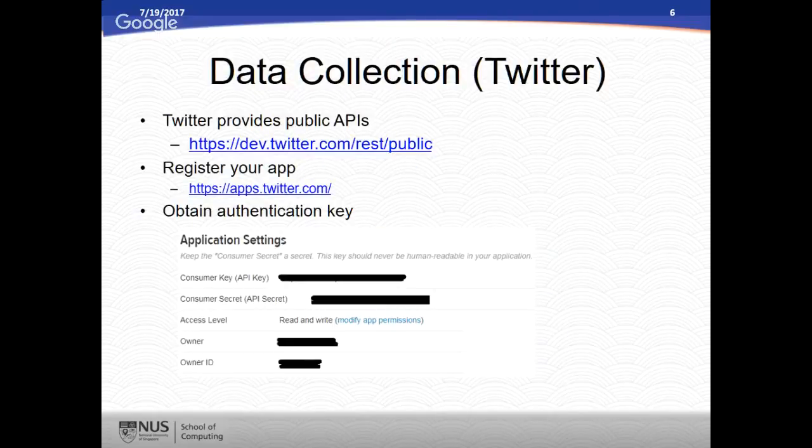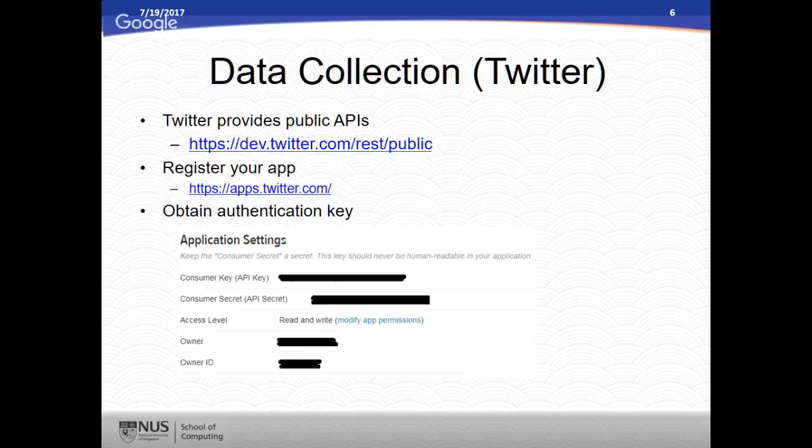Twitter provides some public REST APIs to download their data, and I have mentioned all the URLs. Basically, you have to register your app with your Twitter ID at that particular URL, apps.twitter.com. Once you register your app, it gives you a bunch of authentication keys, which are required for your client and their API to talk to each other.